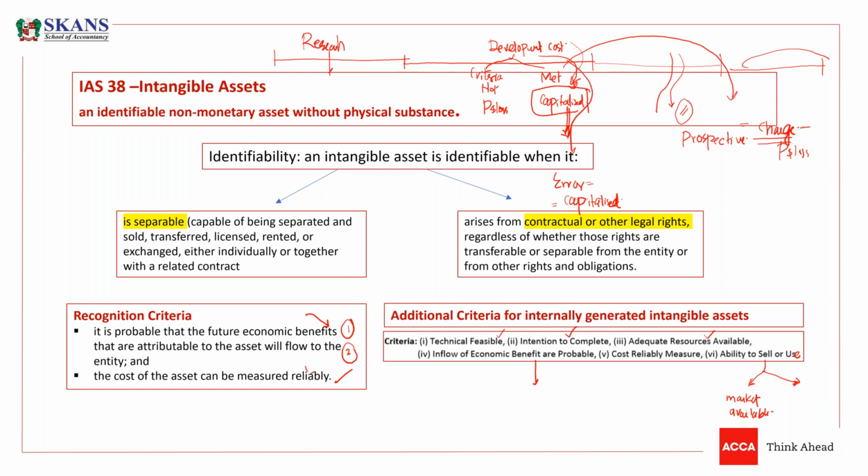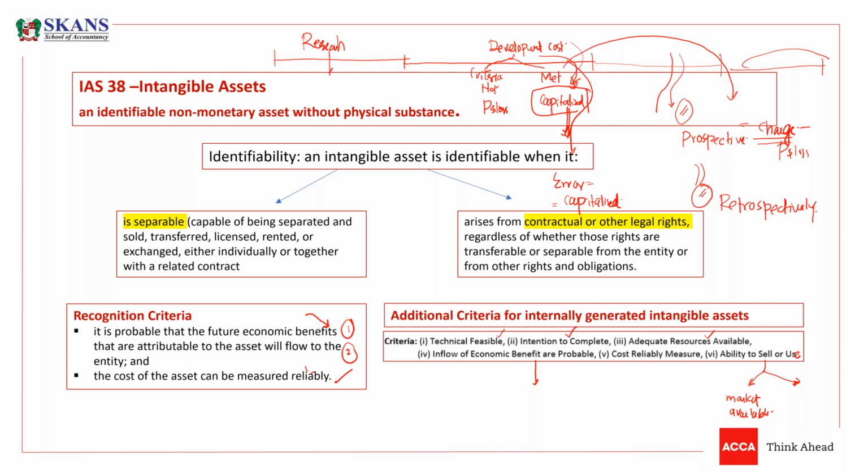Now you just discovered that this was an error. Errors will always be adjusted retrospectively. So if you came to know that there was an error at the time of capitalization, then obviously you need to adjust it retrospectively.